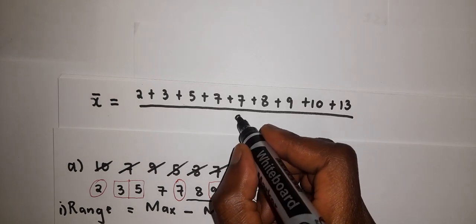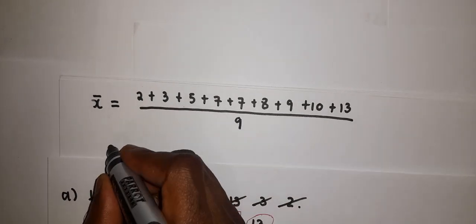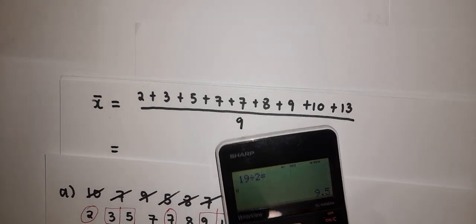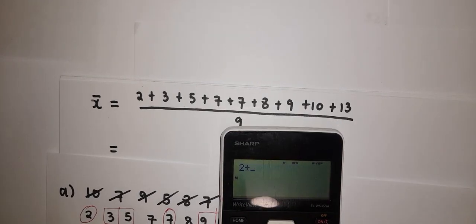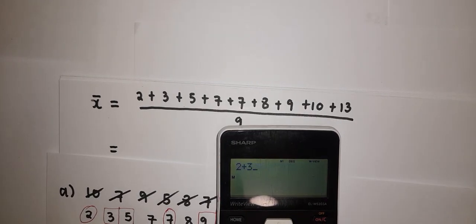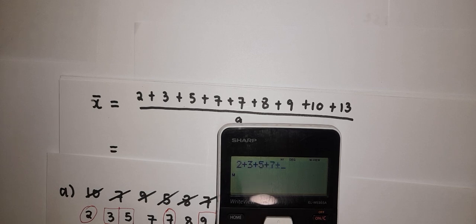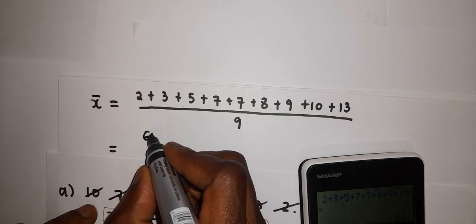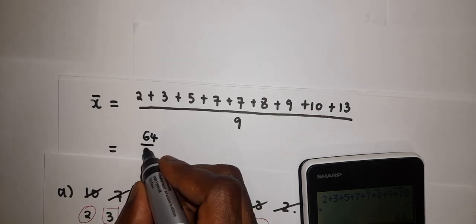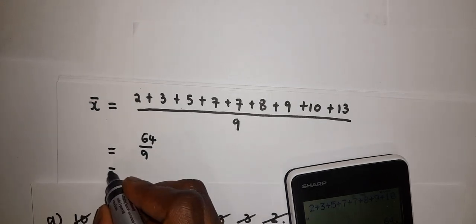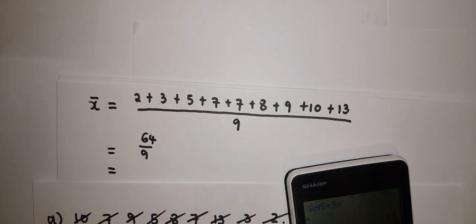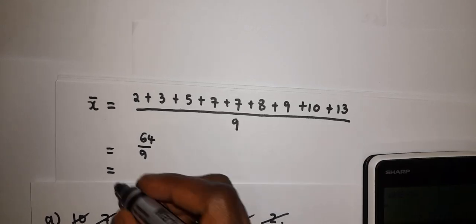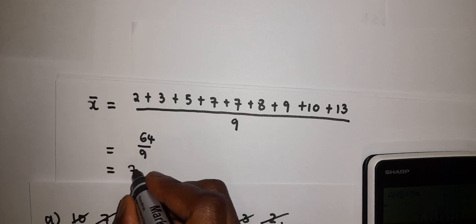So we need to divide by 9 values. Quickly, adding 2 plus 3 plus 5 plus 7 plus 7 plus 8 plus 9 plus 10 plus 13, you get 64, which is divided by 9. Then, ladies and gentlemen, you would find that your mean is 7.11.